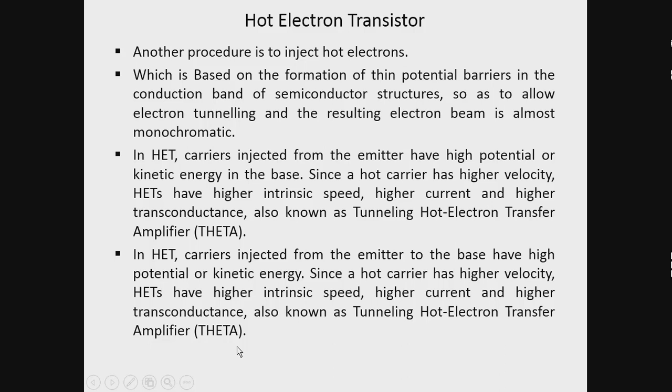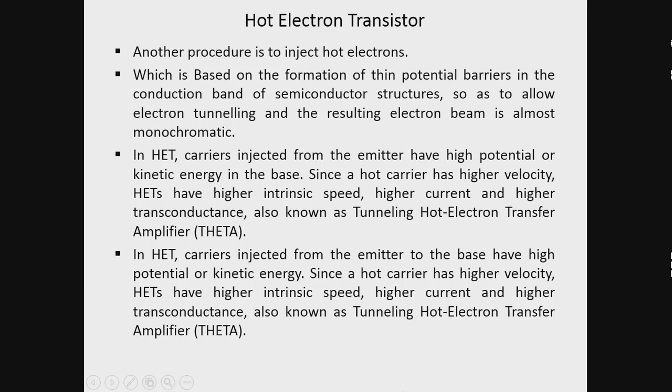Another procedure is to inject the electrons from an emitter, and this is based on the formation of thin potential barriers in the conduction band of the semiconductor structure, so as to allow the electrons to tunnel through the junction, resulting in an electron beam which is more or less monochromatic.